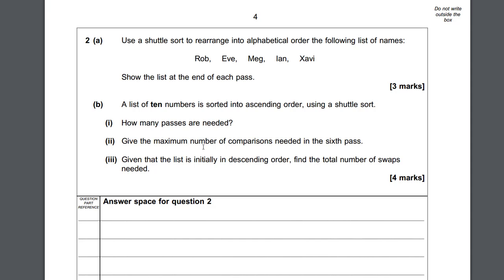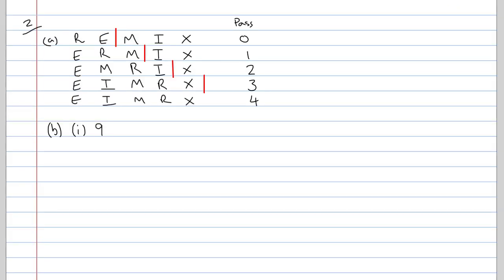In part 2 it says give the maximum number of comparisons needed on the 6th pass. Well, if we look at our example in the 4th pass here, imagine that this was an A. We would have had to move it 1, 2, 3, 4 times. And it turns out that in a shuttle sort, the maximum number of swaps is always going to be equal to the pass number that you are on.